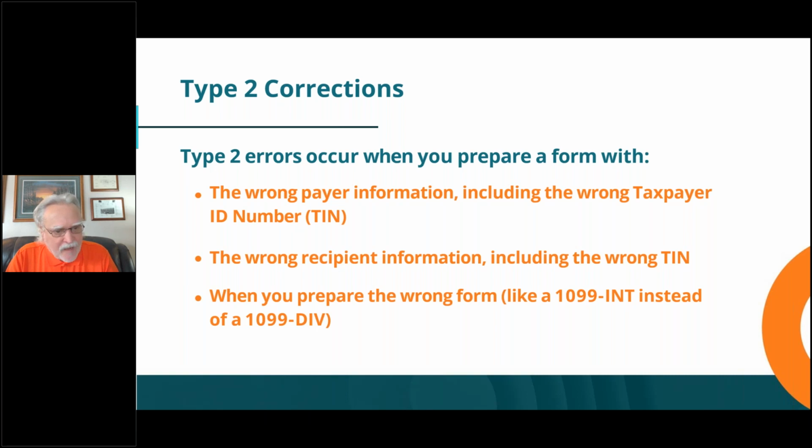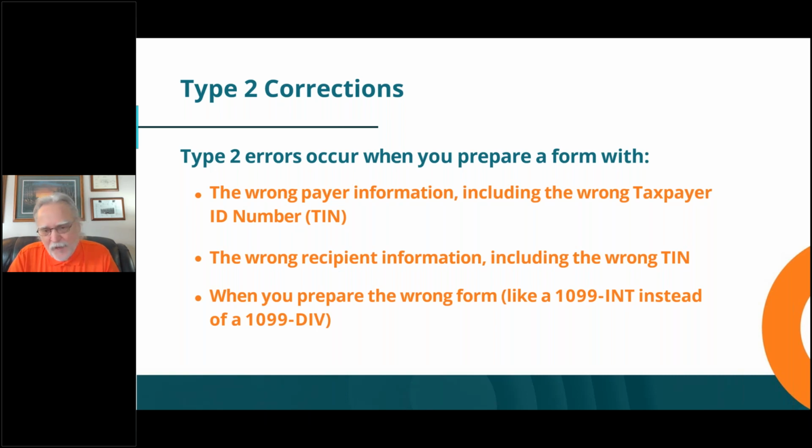You have to correct that. If you have the wrong recipient information, same thing. You had a bad EIN from them, or the company name was slightly wrong. We all know that sometimes people don't give you the exact name of the company that you're doing business with, and somehow they get listed incorrectly. So those would have to be corrected as well.